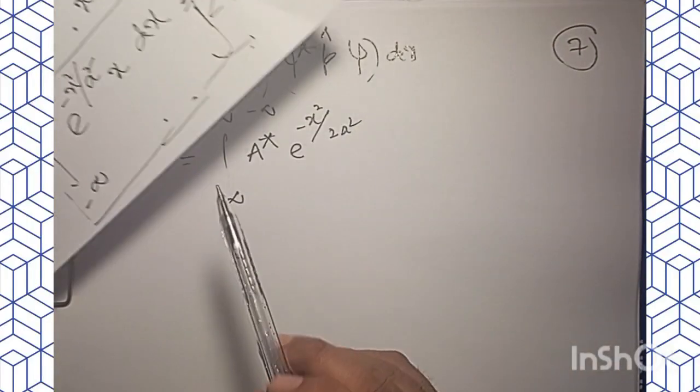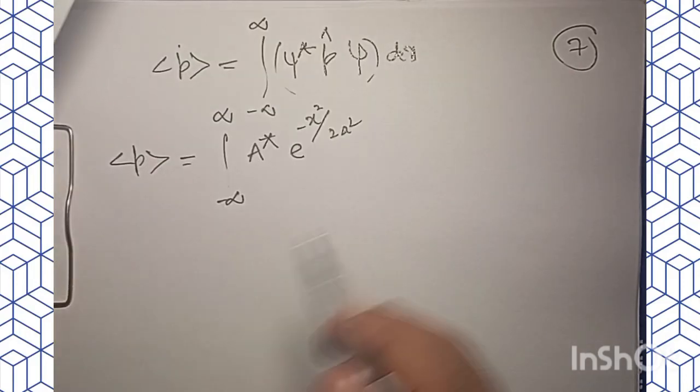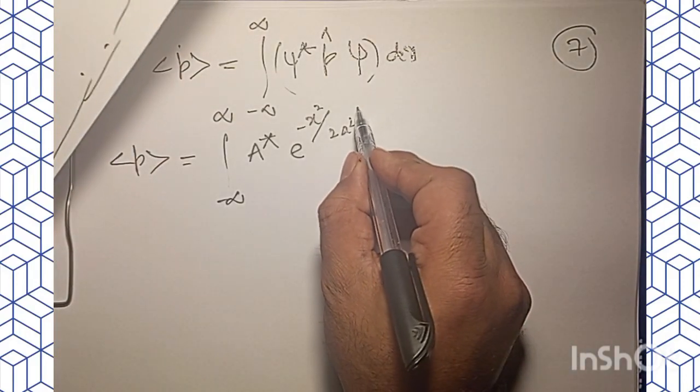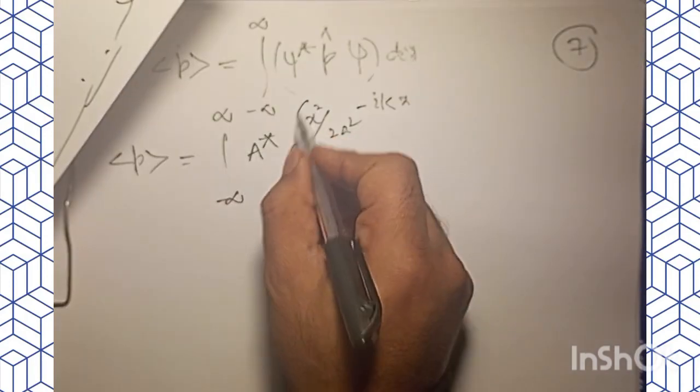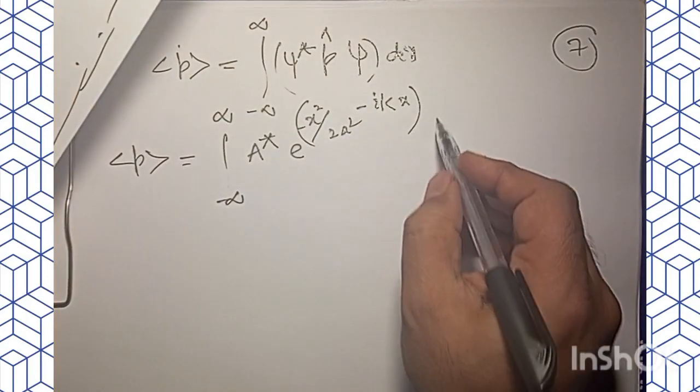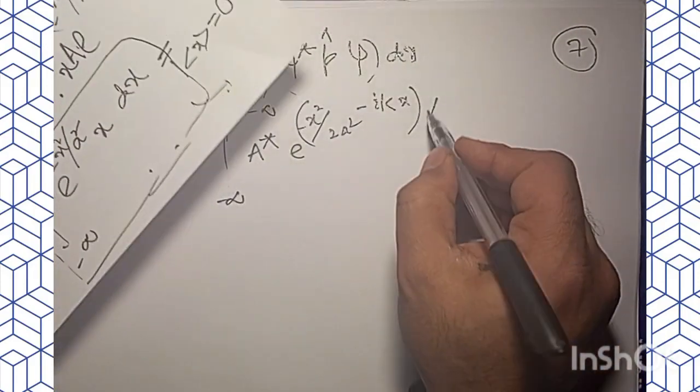And so what I am going to get out of this is, then here I have minus iota kx. Okay, I'll close this. Then I have to use the momentum operator. And what's that equal to?